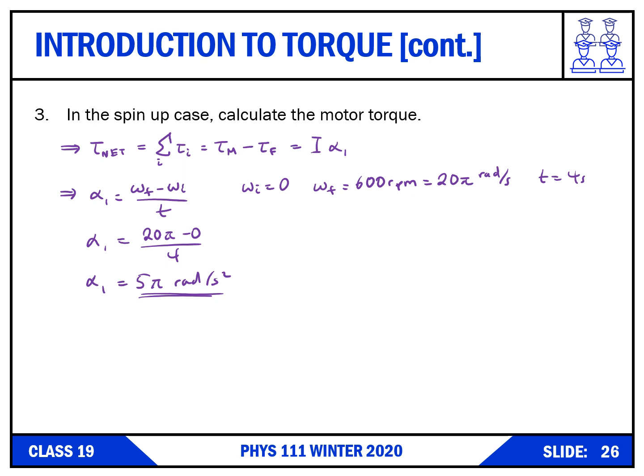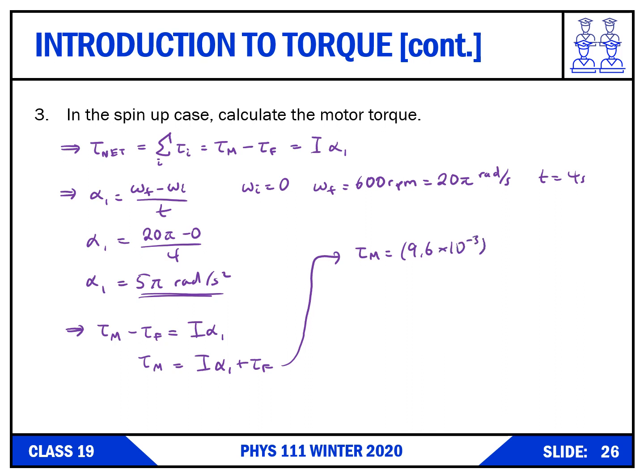Okay, so now that I have alpha 1, I want to be able to solve for tau m. So tau m minus tau f is equal to I alpha 1. Tau m is equal to I alpha 1 plus tau f. We already know the moment of inertia, 9.6 times 10 to the negative 3.